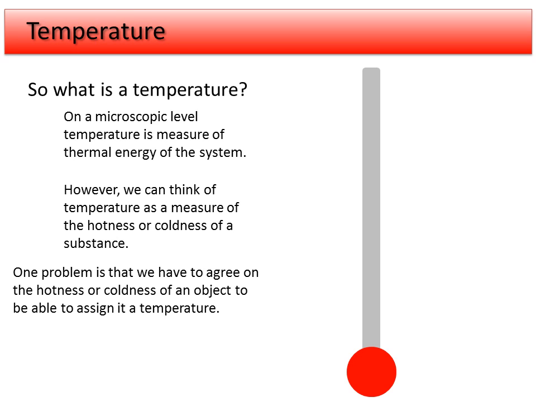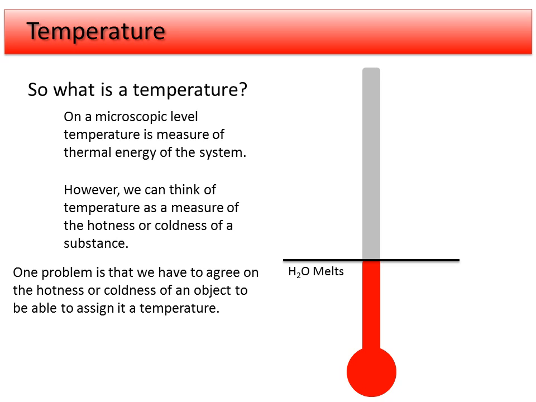So how do we do this? Well, put a thermometer in there, some way to measure it, and actually how a thermometer works we won't cover until near the end of thermodynamics. But we agree on certain temperatures. For the scales that we use in most of physics, we use the MKS system, or the SI system.